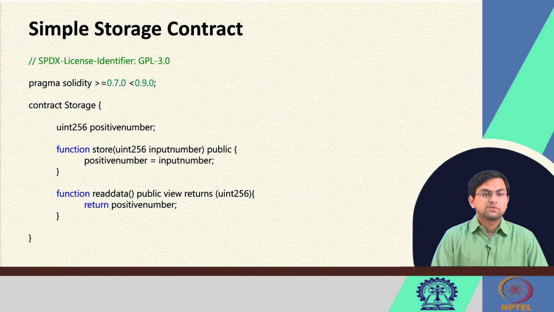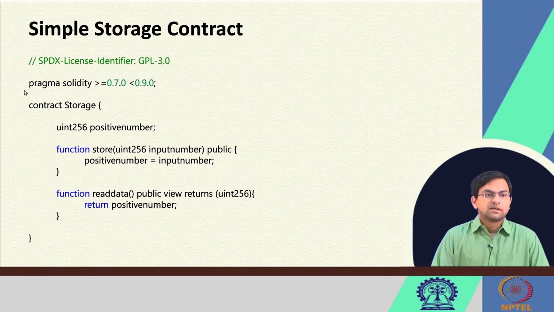Okay, so let us go through one very simple smart contract, which is for storing one variable on the Ethereum ledger and then later retrieving it. The first line is actually a comment which says the license of this particular contract, because when this contract is deployed, this will be important.